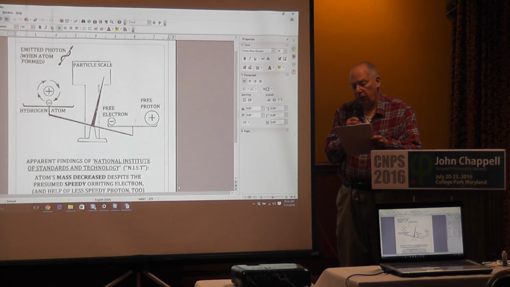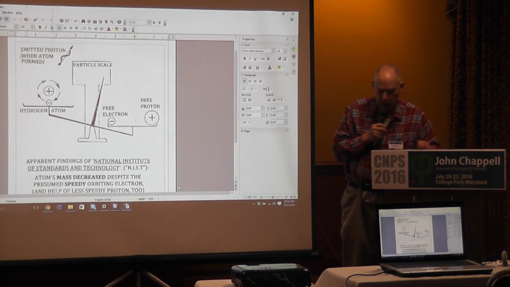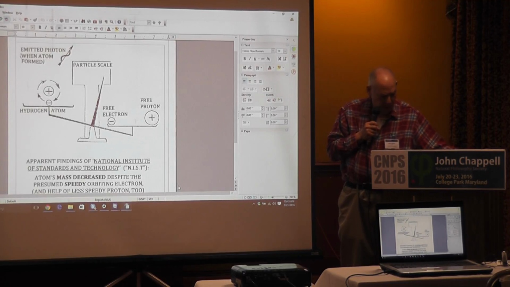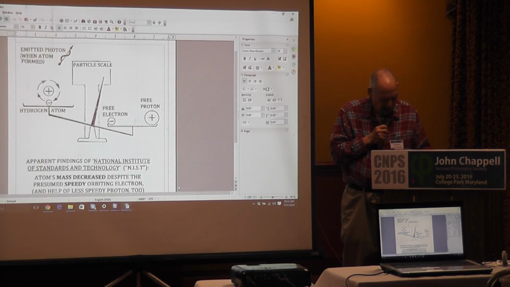I used to believe, and even wrote, that the opposite of what is shown was true, that rather the free unbounded particles were lighter than the orbiting system, because I thought that the fast, speedy orbiting electron would incur a relativistic mass increase.